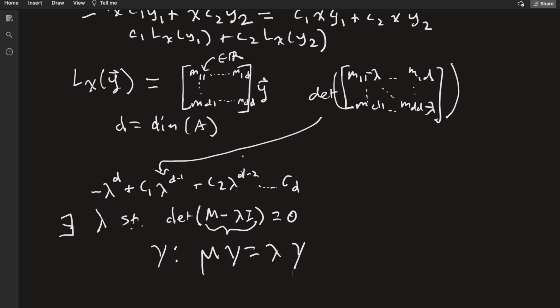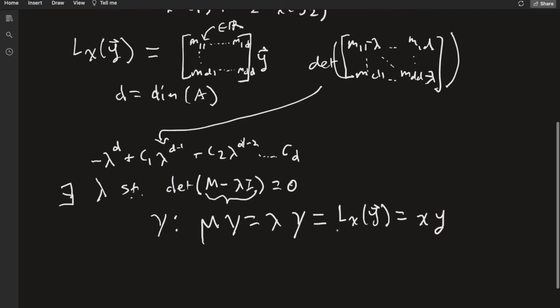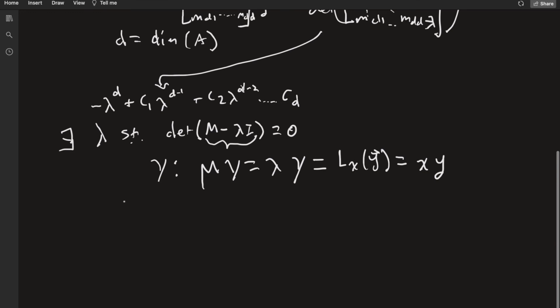This is just the matrix applied to gamma, which is equal to Lx of gamma, which equals x gamma. And so now we have this relationship.